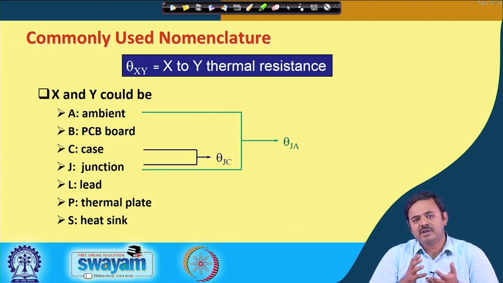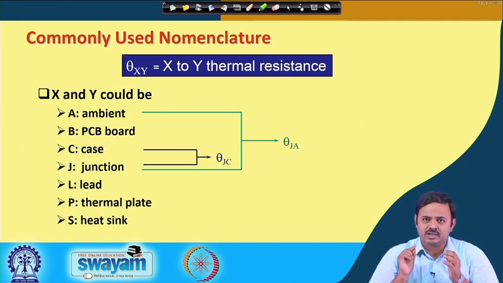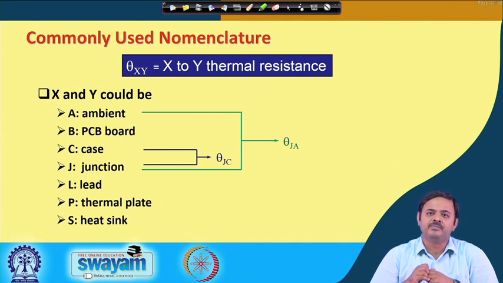So, for example, if we are talking about the thermal resistance between the junction, which is a point within the piece of silicon microchip, denoted by J for junction, and A is ambient, then the thermal resistance is going to be theta JA. Okay.